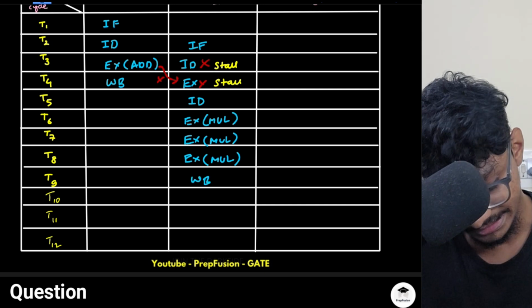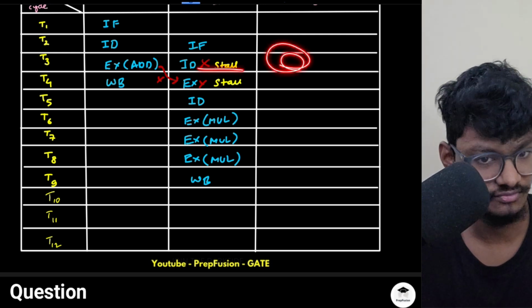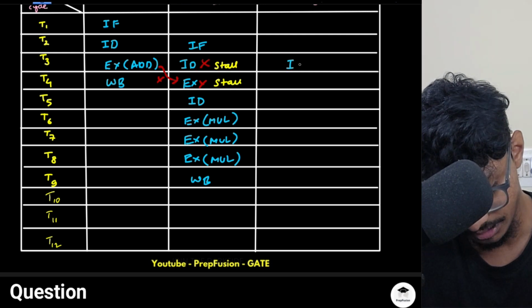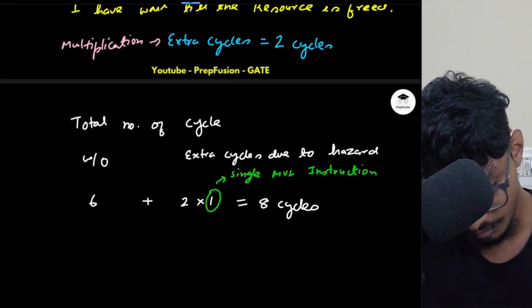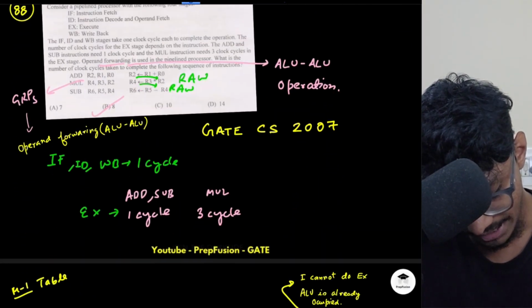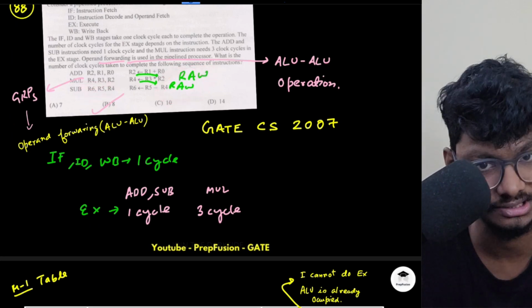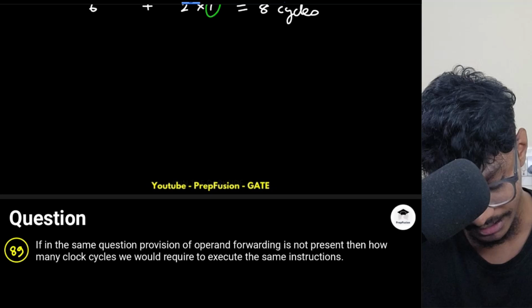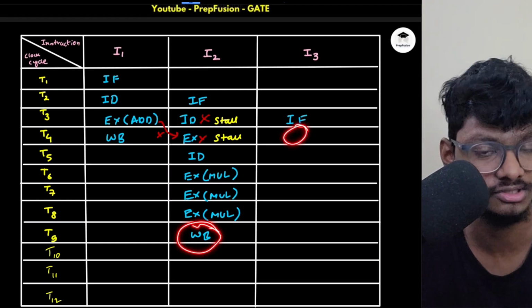Now here, after this I can do the instruction fetch in the 3rd clock cycle. But can I do ID? No, right? Because if you remember correctly, your 3rd instruction was dependent on the 2nd instruction. It has a RAW dependency. So I cannot directly start the operand fetch here. I have to wait till the write back because there is no operand forwarding.